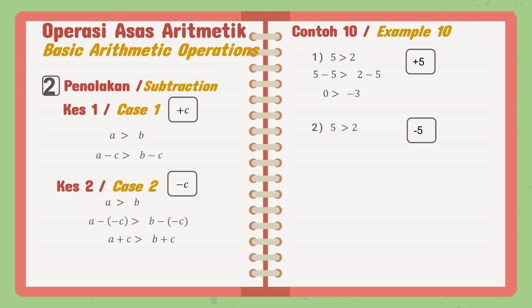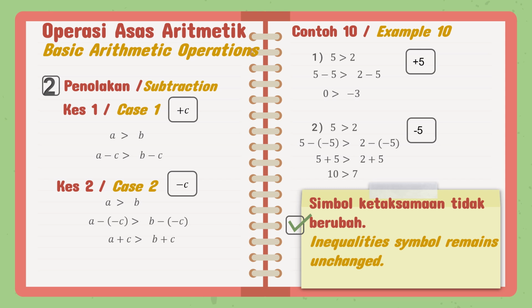When you have 5 greater than 2, you subtract a negative number, negative 5, from both sides. Here minus minus, take out the bracket, becomes plus, and then you have 5 plus 5, which is 10, and 2 plus 5, which is 7. So 10 is greater than 7. You come to a conclusion that the inequality symbol remains unchanged.